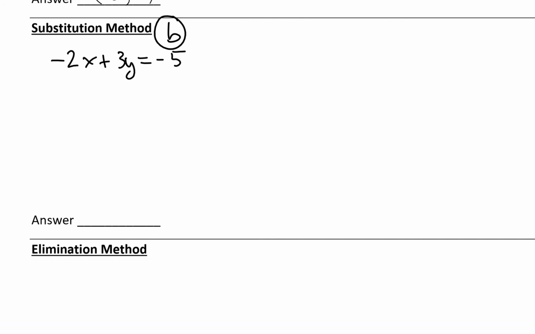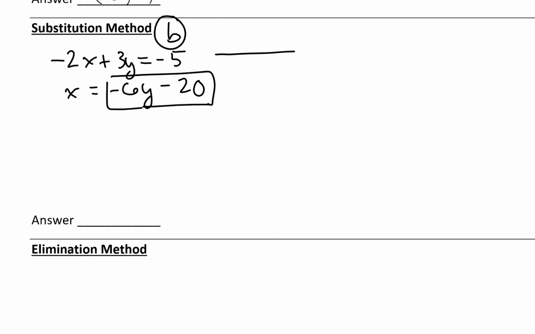As I do this, my eyes are going back and forth, making sure I'm copying things down correctly. x equals negative 6y minus 20. My strategy is to take this expression that's equivalent to x and substitute it into the top equation.